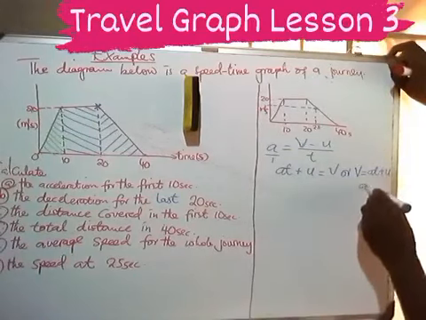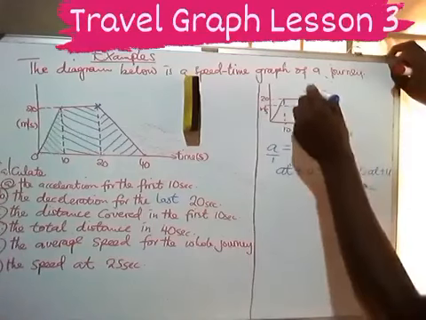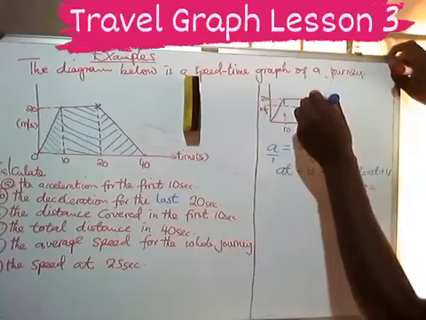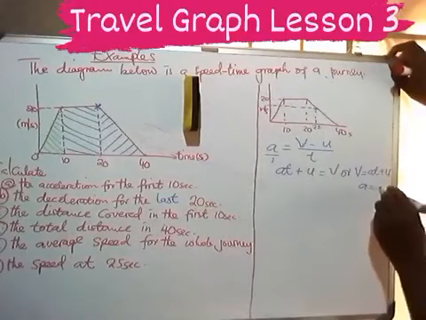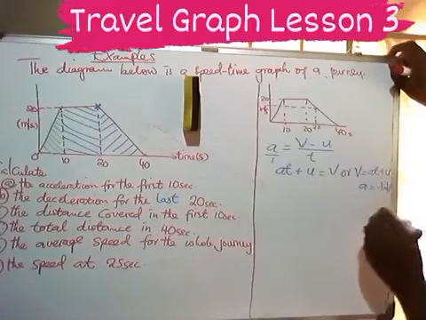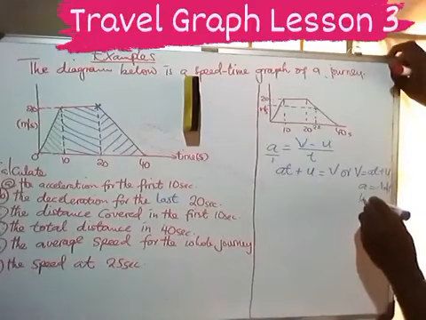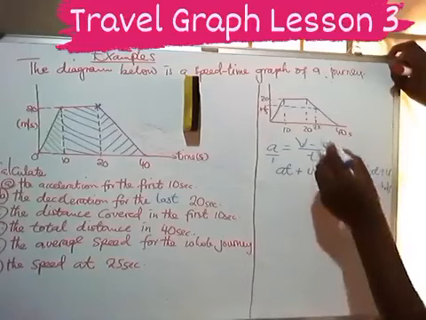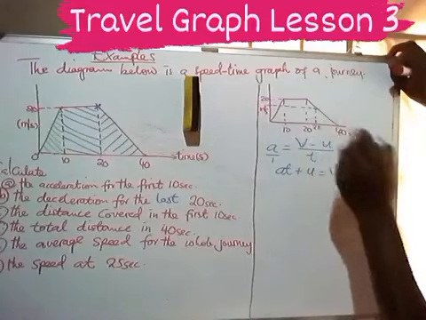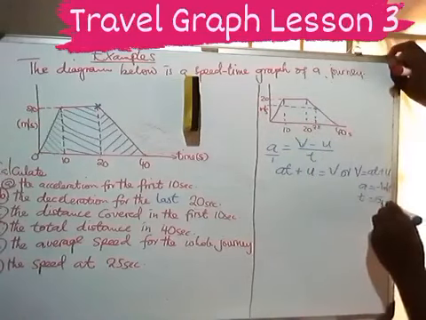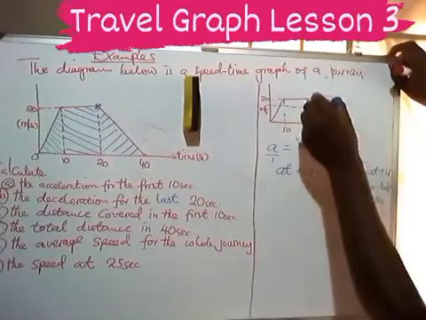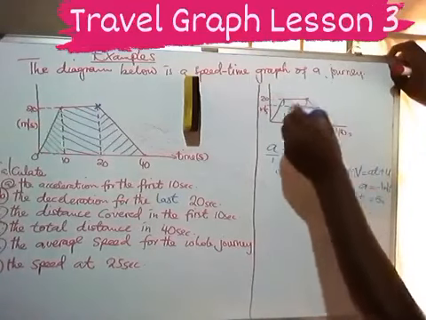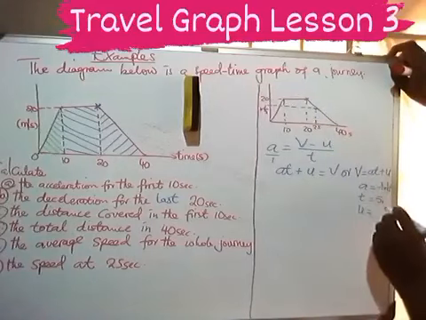Now, our a is the deceleration we found in question number B. Our answer was -1 meters per second squared. What is our t? Our time taken is from 20 up to 25, which is 5 seconds. What is our u? Our u is the initial velocity, which is 20 meters per second.